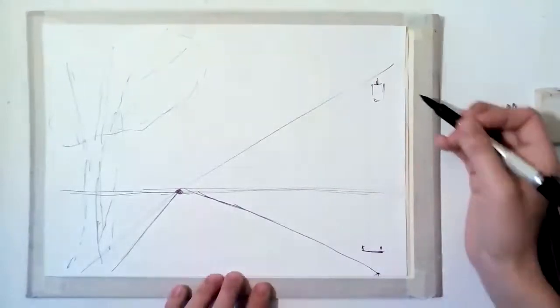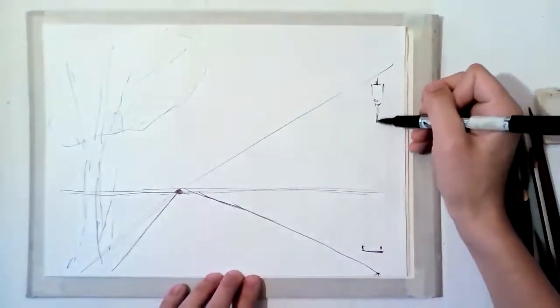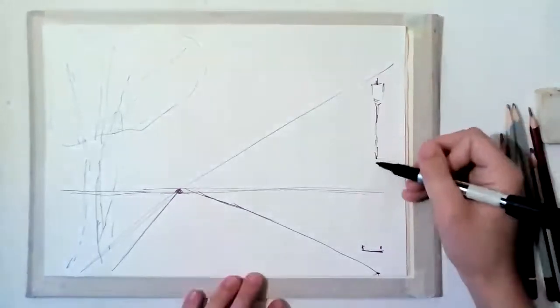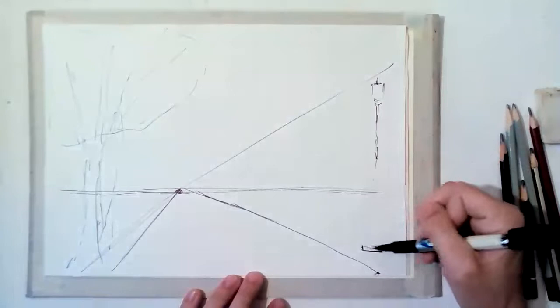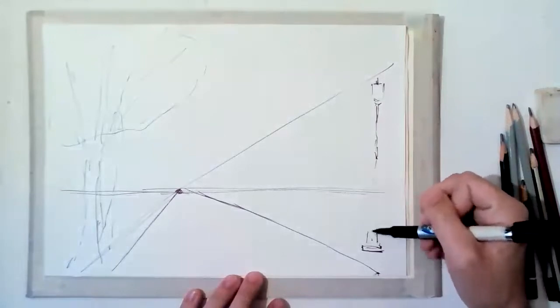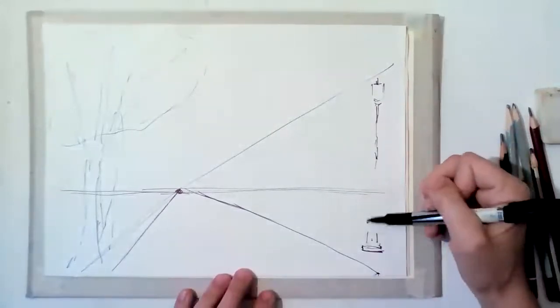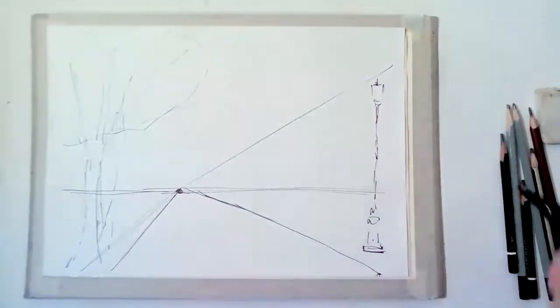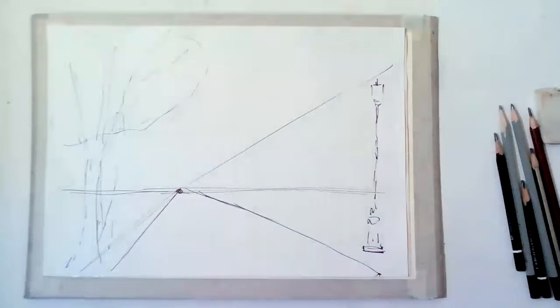What is also important to remember is that all the objects become smaller, and also the distance between the objects becomes smaller. So let's say this is my first street lamp.